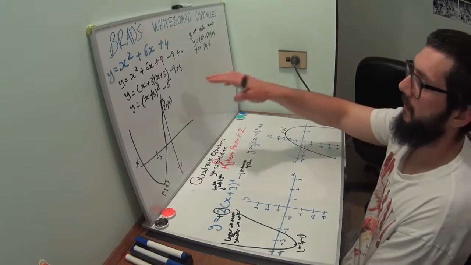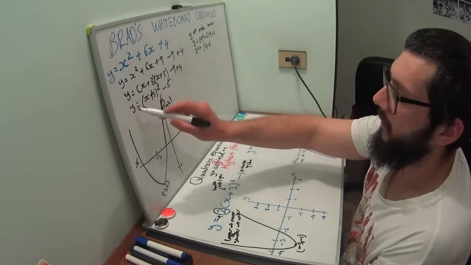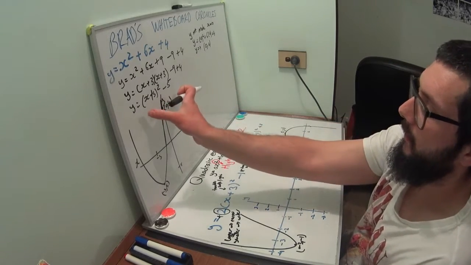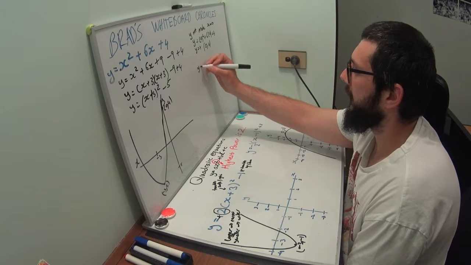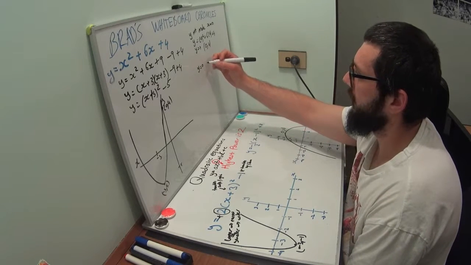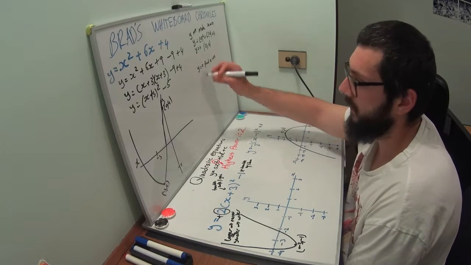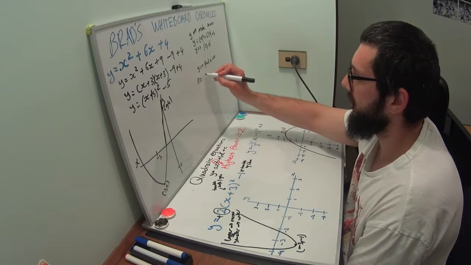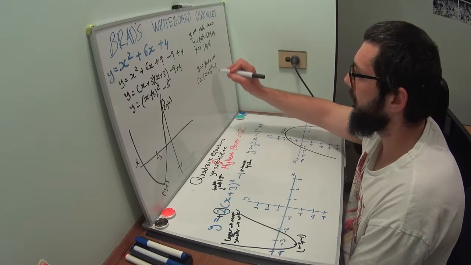Now, for me to find my two x-intercepts, I need to make y equal 0. So 0 equals x plus 3 squared minus 5.